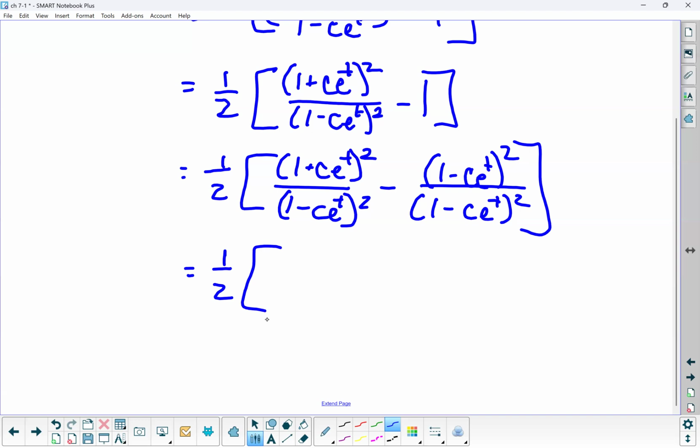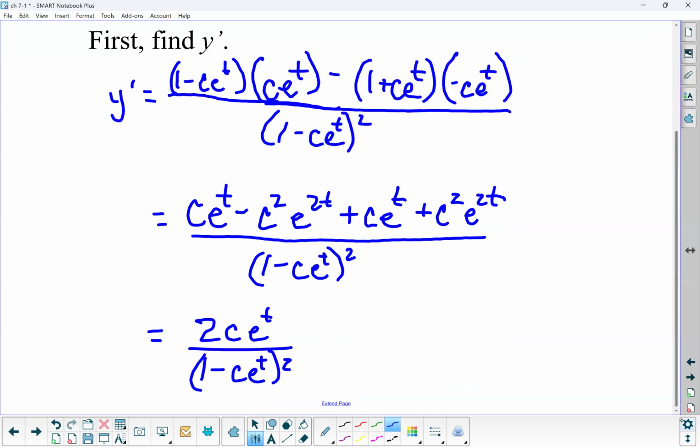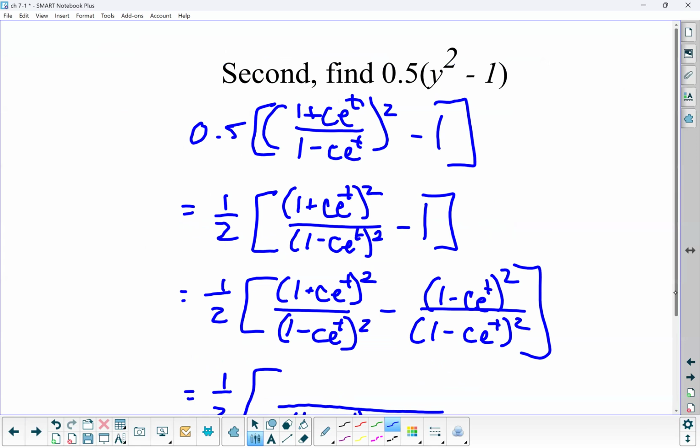I am not going to do anything to the denominator. I'm going to leave it as 1 minus ce to the t squared. One of the reasons, if I go back real quick, that's what my original denominator looked like. So keeping it that way makes the process a little bit easier.